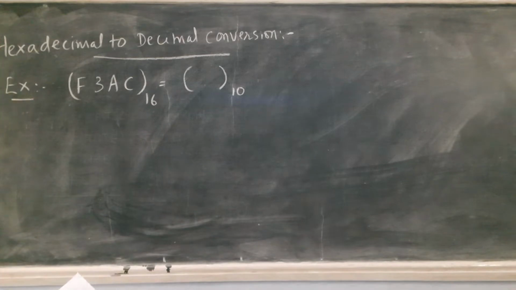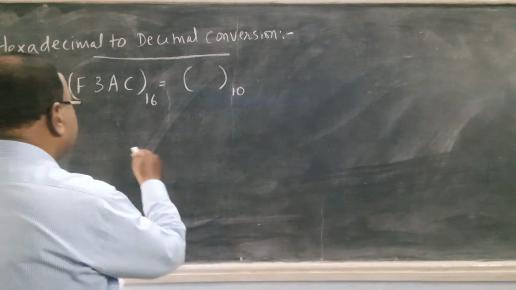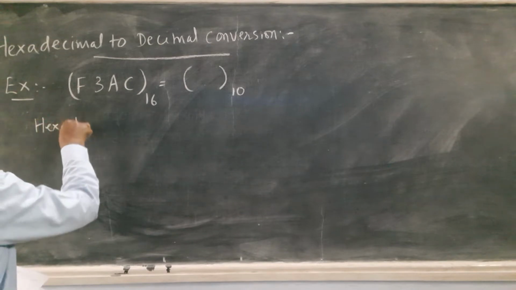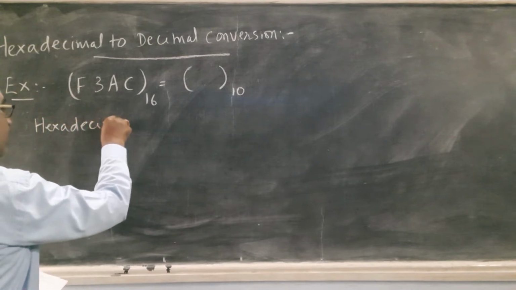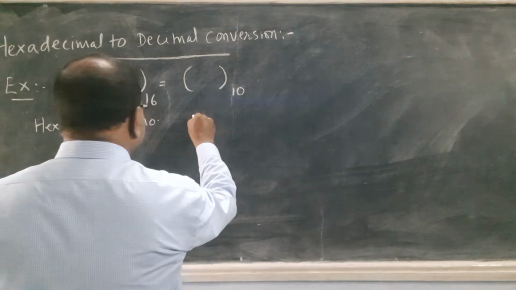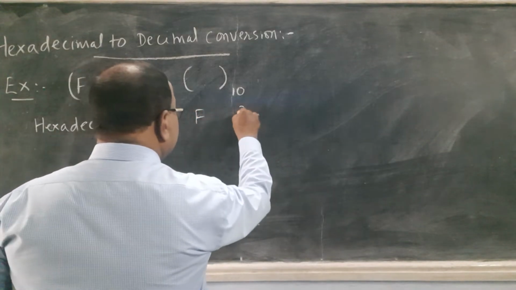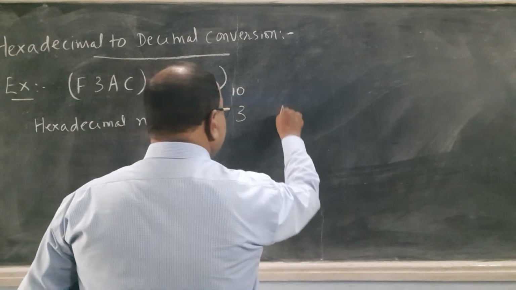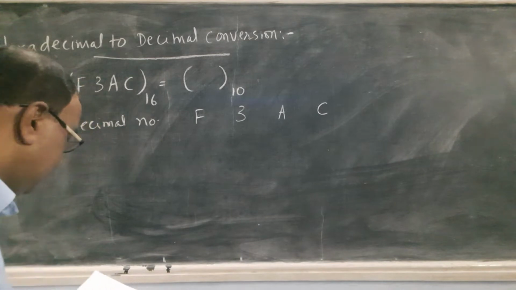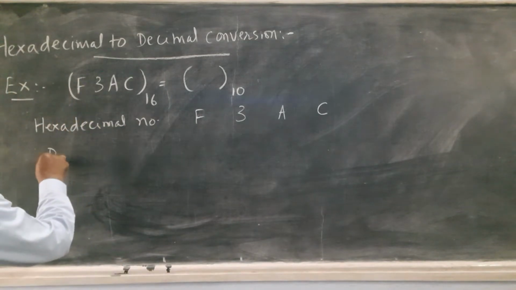So first you write the given hexadecimal number. So like this, there is F, 3, A and C, right? Now you write the decimal equivalent of it.